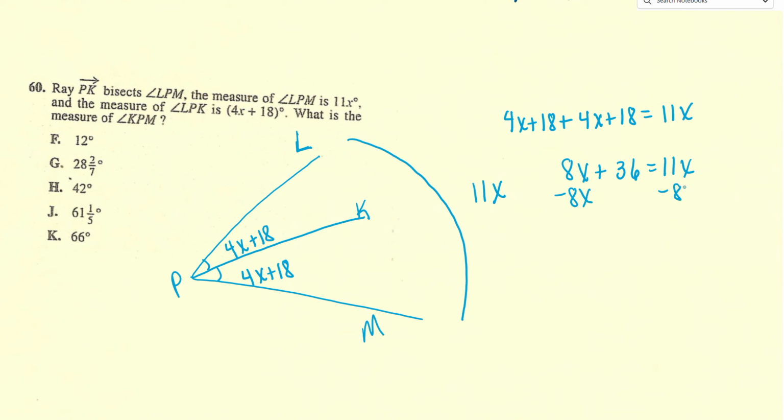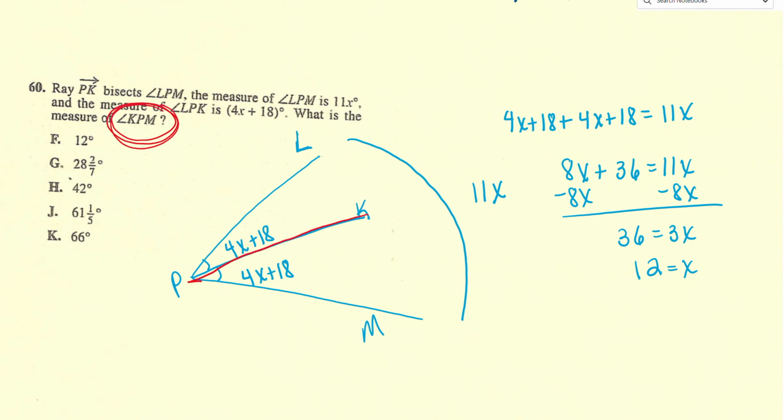Subtract your 8x over. 36 is equal to 3x. x is equal to 12. Be really careful here, because you could be tempted to put 12. But the question doesn't say what is x. It says what's the measure of KPM.